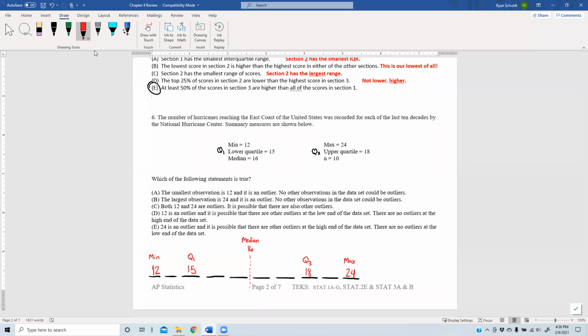Okay, so our first outlier would be at Q1 minus 1.5 IQR. That would be the first outlier. Q1 is 15 minus 1.5. What's our IQR? The IQR is 3.